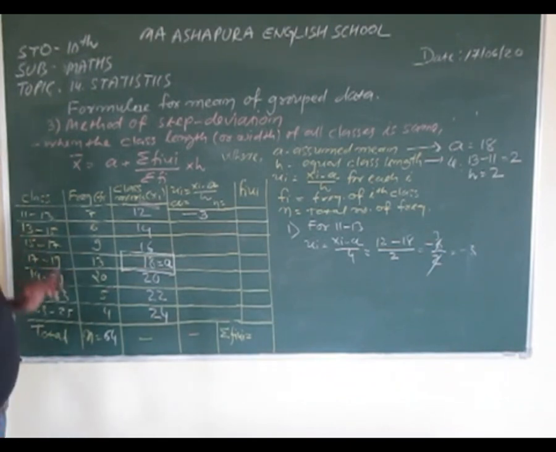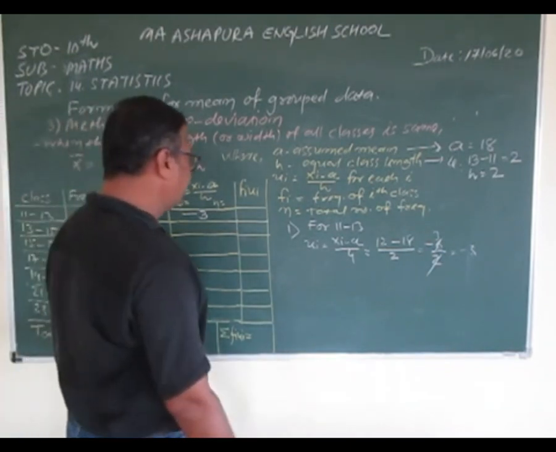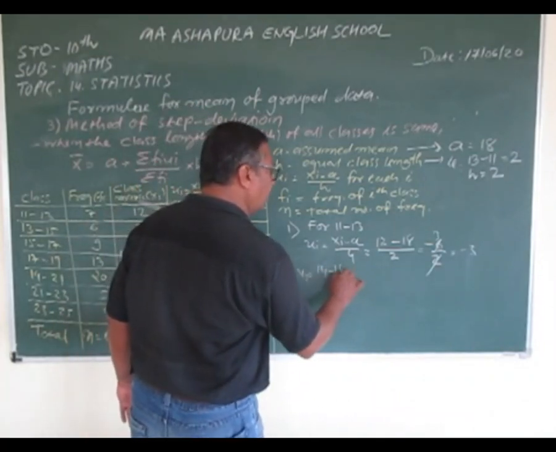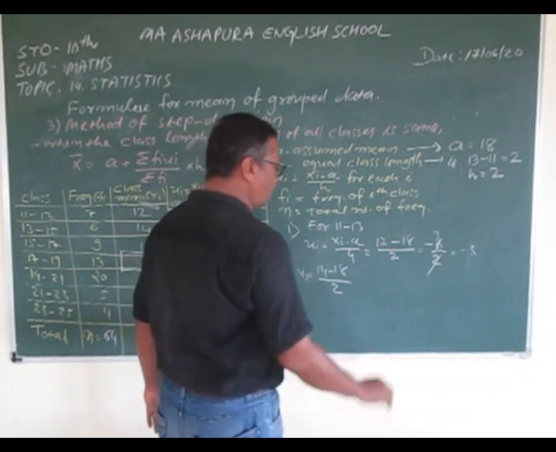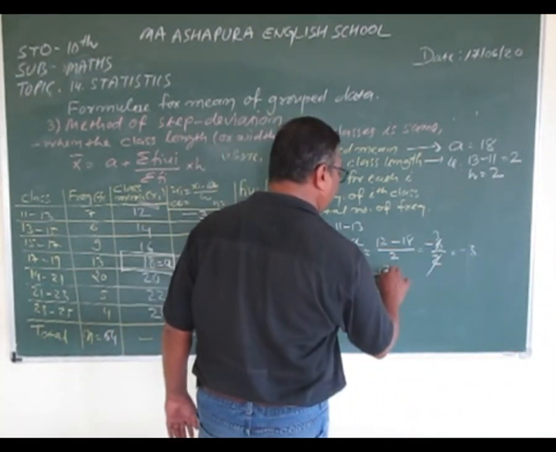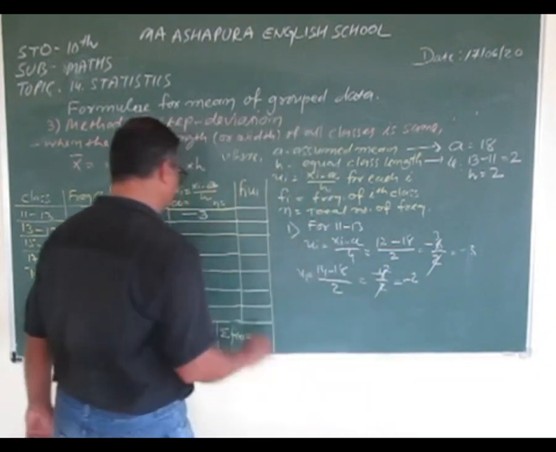Similarly, for the second class, 14 minus 18 divided by 2, and we get minus 4 by 2. 2 2s are 4, therefore minus 2.